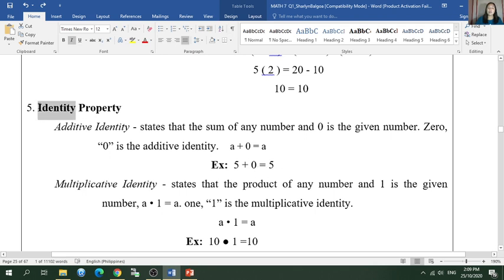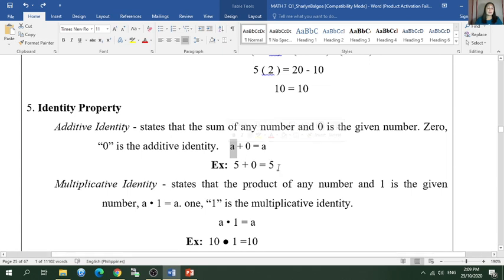The number that you will use. Okay, take note that if you will use 0 as one of the addends and then added or combined with any integer, your answer or the result is any integer. Just like 5 plus 0 equals 5. 9 plus 0 equals 9.